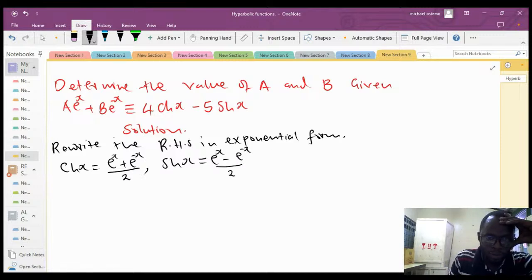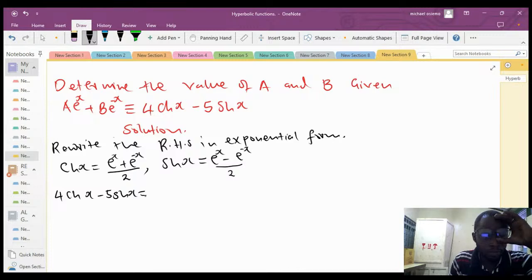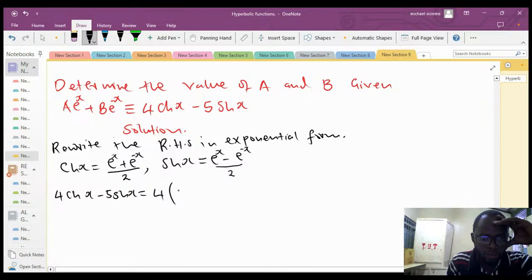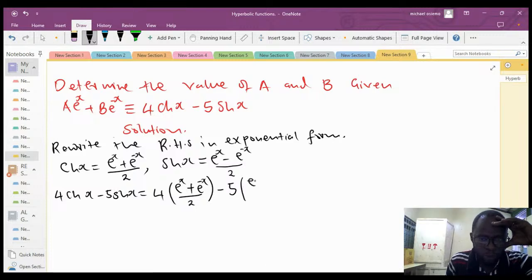So we want to deal with the right hand side. This implies that 4 ch of x minus 5 sh of x will be equal to 4 into exponential x plus exponential negative x over 2, then minus 5 into exponential x minus exponential negative x over 2, like that.